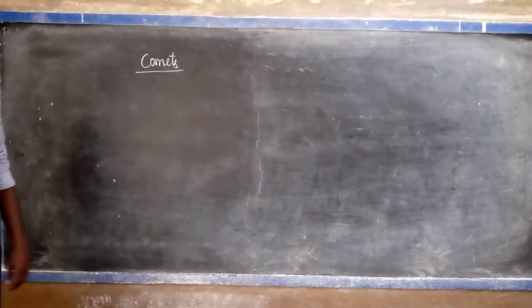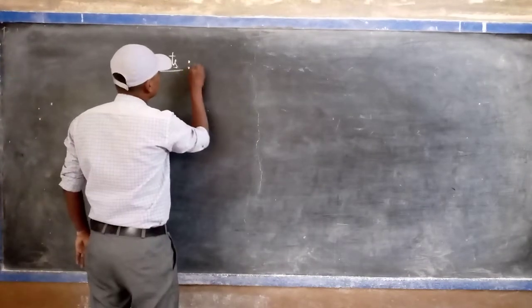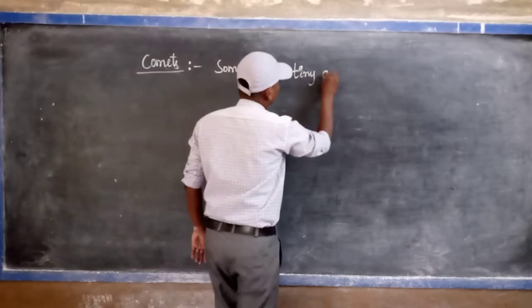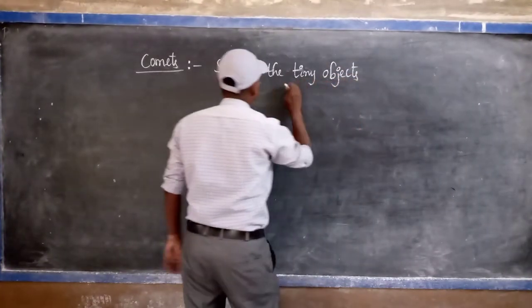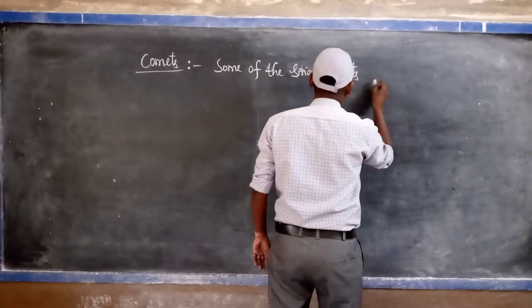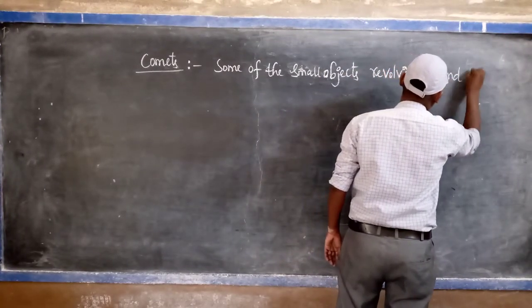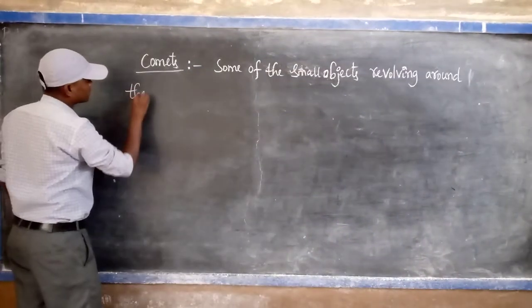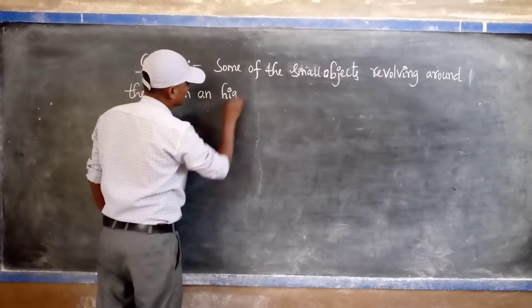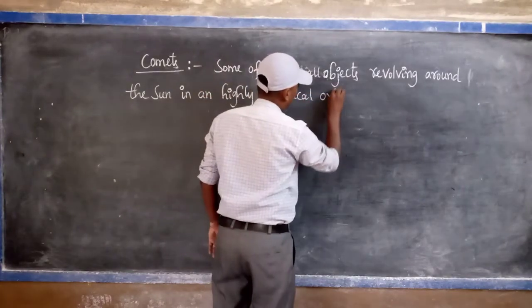So what are comets? Actually, some small objects revolving around the sun in a highly elliptical orbit.